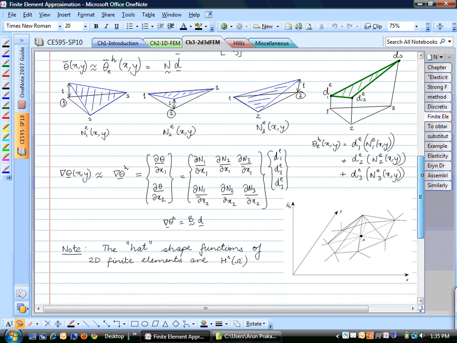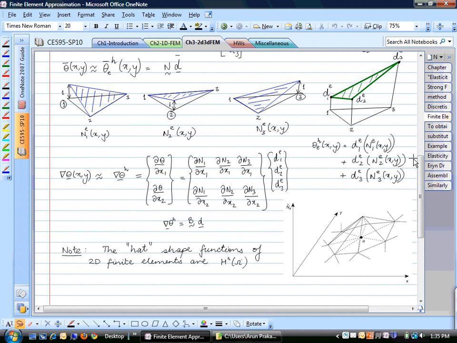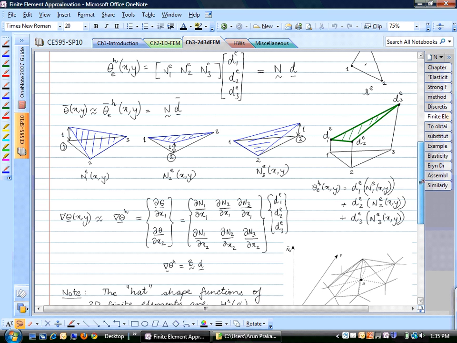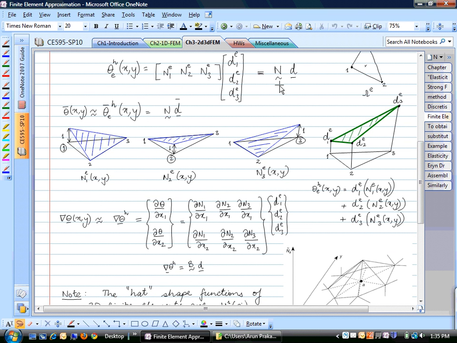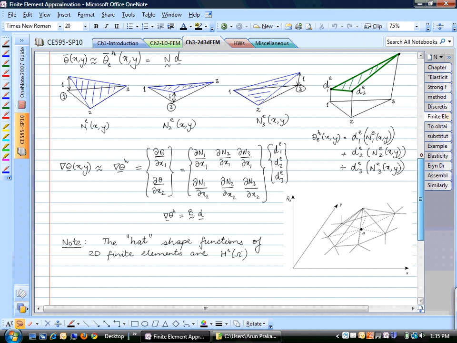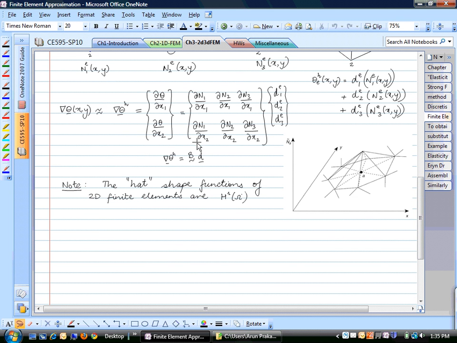Then we also saw that if we use this discretization or this approximation, we can also express our temperature gradient with a similar form. This is the B matrix, which is the matrix of derivatives of shape functions. So if you use the derivatives of shape functions multiplied with the same degrees of freedom that we had here, the temperature is equal to the shape function matrix times the degrees of freedom at the nodes.